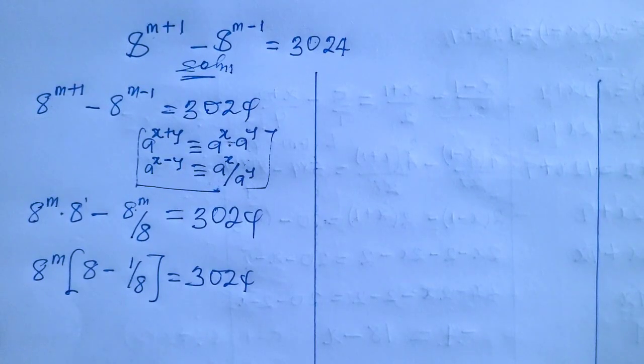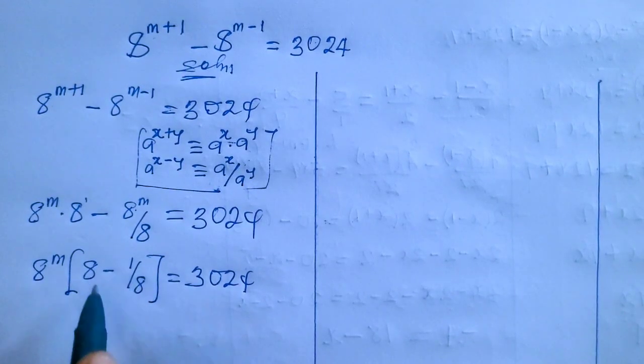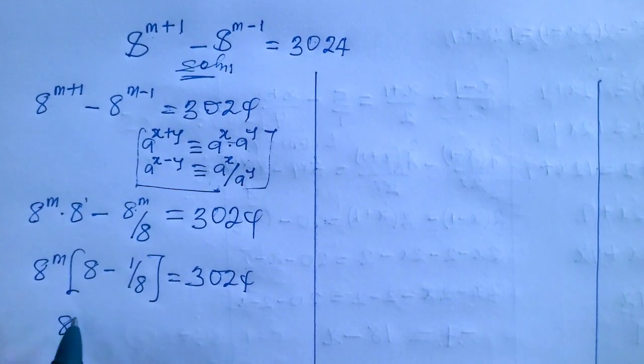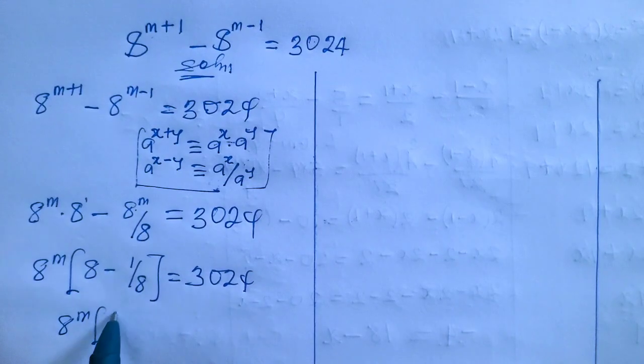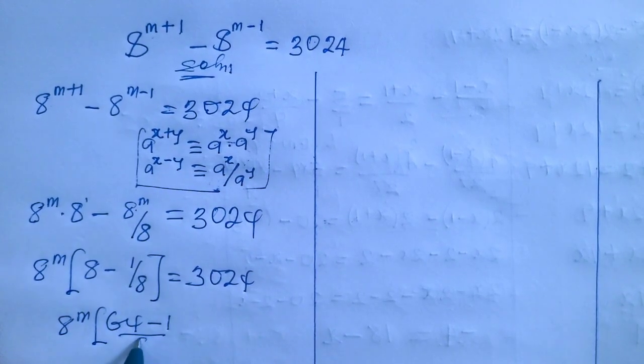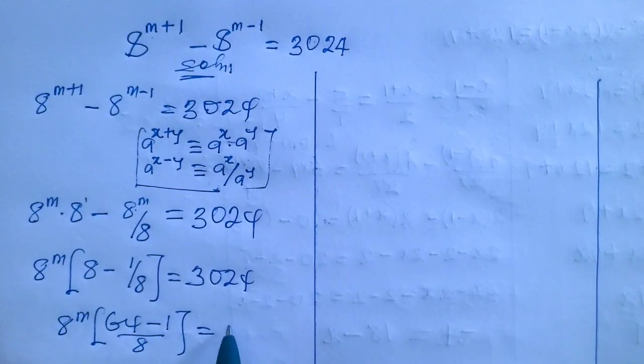Now, we simplify the term inside the parentheses first, and we have 8 to the power of m times 8 times 8, that gives 64, minus 1, all over 8.